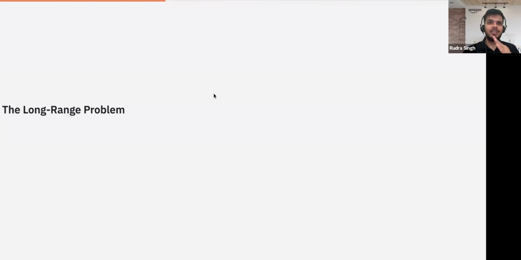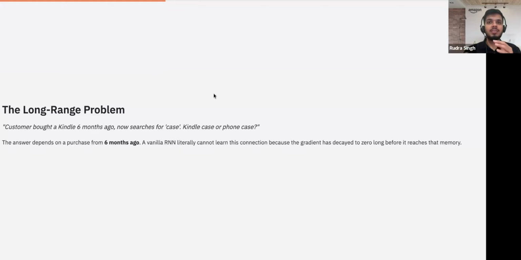So here's a real world example. A customer bought a Kindle 6 months ago, and now they search for the word case on our Amazon site. So the real problem is, should you recommend a Kindle case or a phone case? The answer entirely depends on something that happened hundreds of steps back in their history. A vanilla RNN's gradient has already decayed to zero long before it reaches that 6 month old purchase.